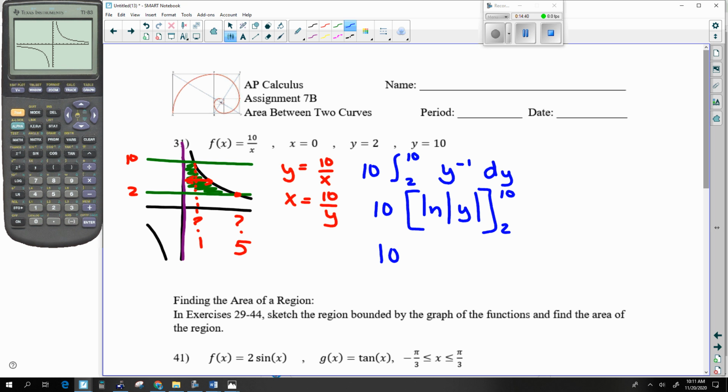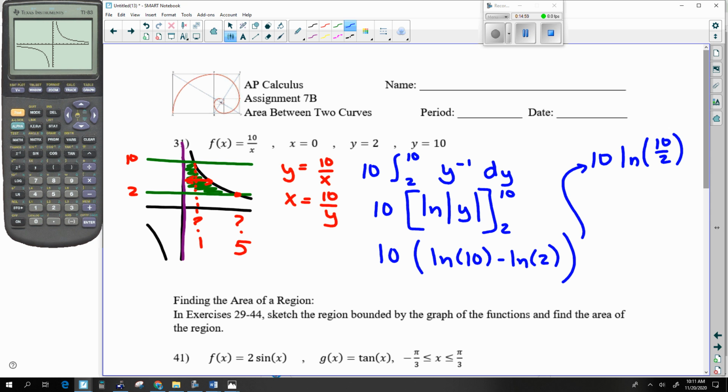And so this is going to be 10 ln of 10 minus ln of 2. A subtraction of ln's is a division on the inside. So what I'm saying is this: this is 10 of ln of 10 divided by 2, and so this is 10 ln of 5.